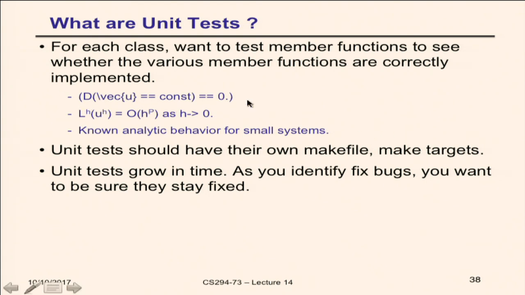A more general statement of this first one is known analytic behavior for small systems. So when you get the particle assignment in homework 4, the first 2 parts of the particle assignment are do 1 particle and do 2 particles. If you do 1 particle, it shouldn't move. And in fact, that's a property of the discretized system as well as the differential equations.